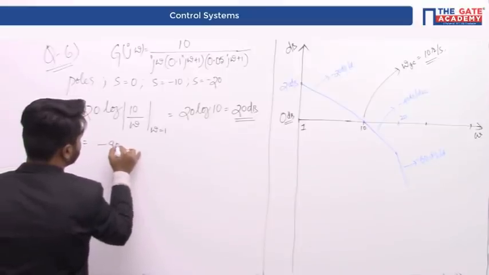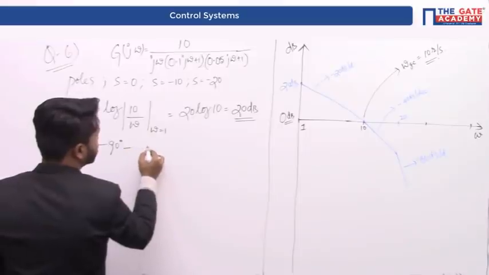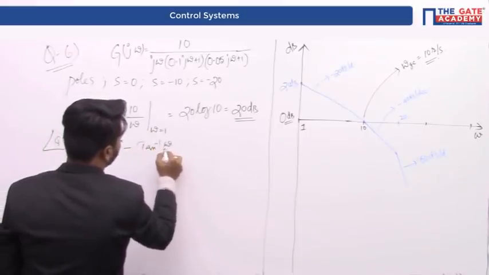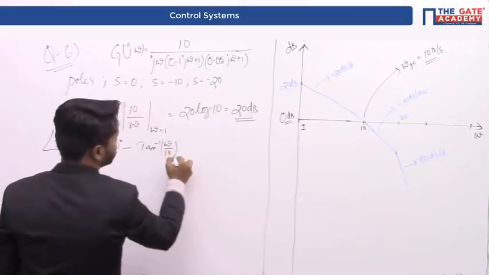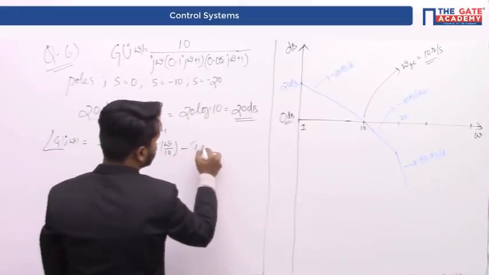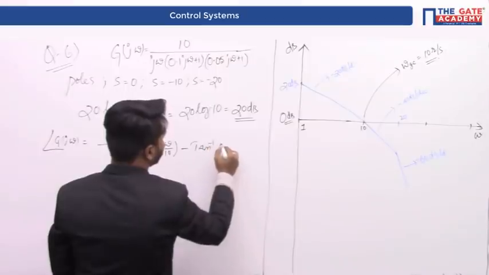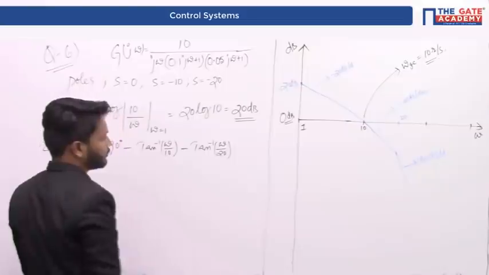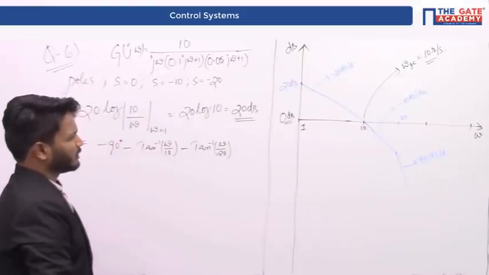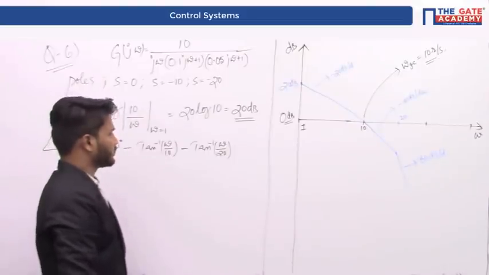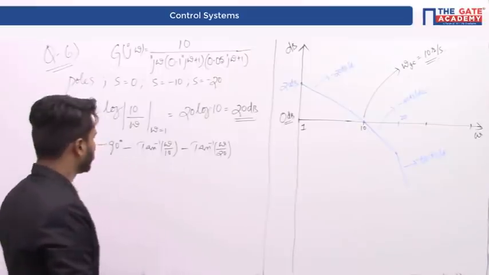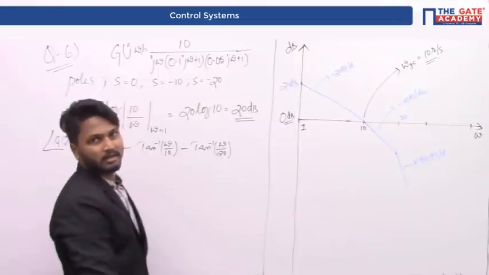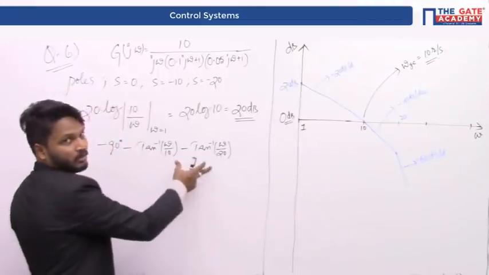Minus 90 degrees minus tan inverse of omega by 10 minus tan inverse of omega by 20. We can draw an approximate plot also, but let us refine the phase plot just by taking some values of frequency and calculating the corresponding phase values.